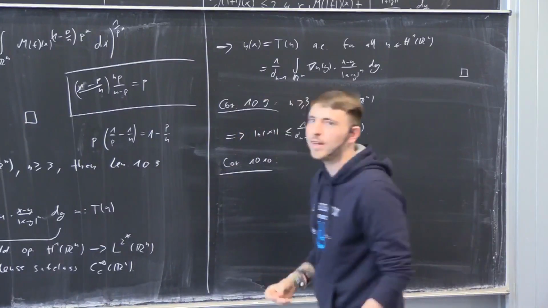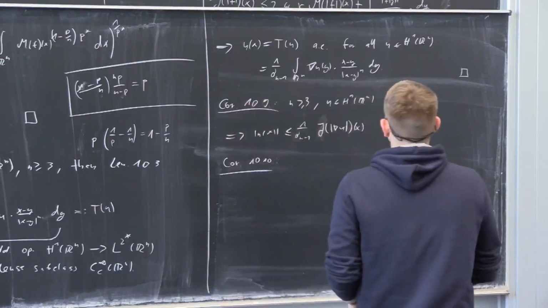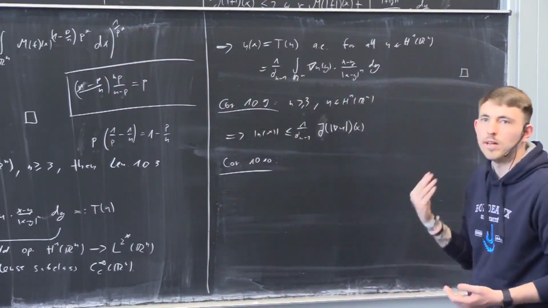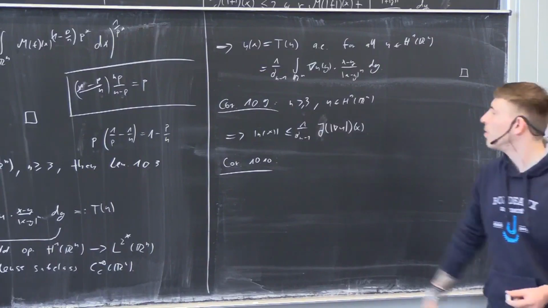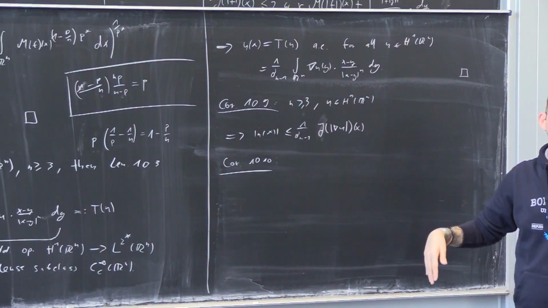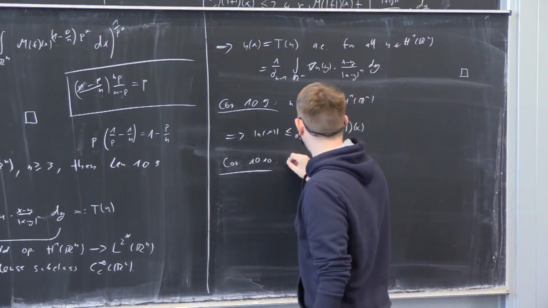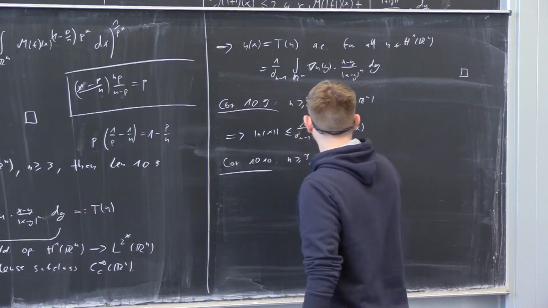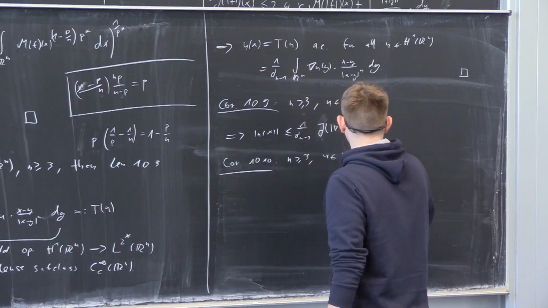And now the next corollary. I said we will have a lot of corollaries in the last minutes. This is now actually a Sobolev embedding, but we can perform the heuristic that we had right from the beginning, where we said we want to dominate U by the Riesz potential. We need mapping properties of the Riesz potential, and then it will give us Sobolev embeddings. So here n is larger than 3, and U is again in H1 of R^n.